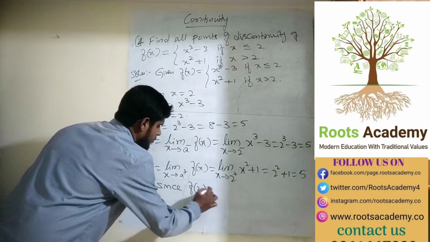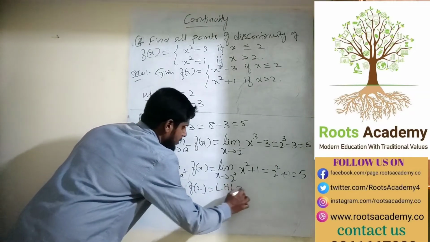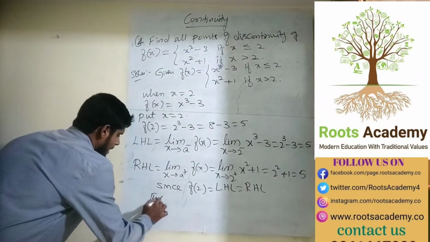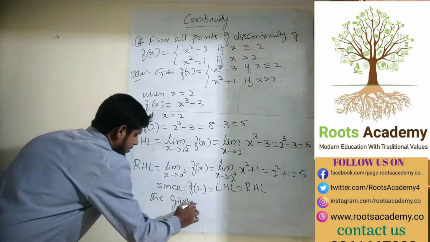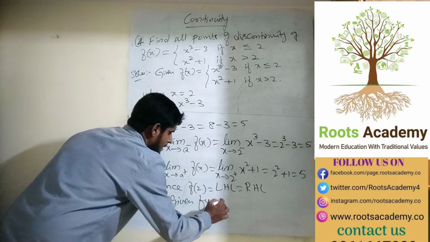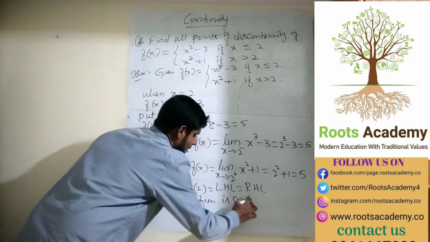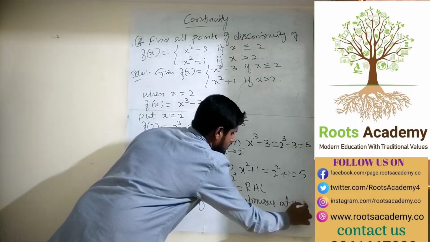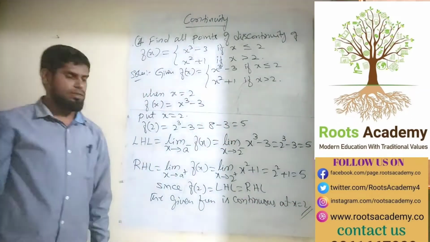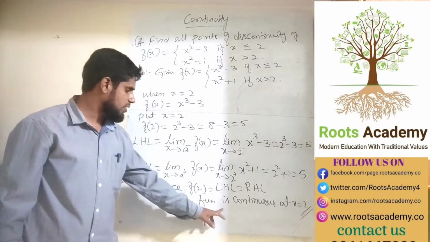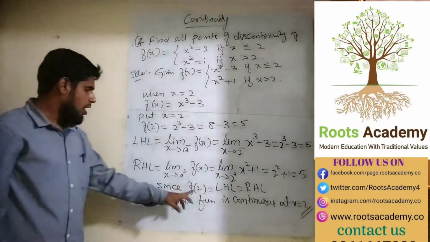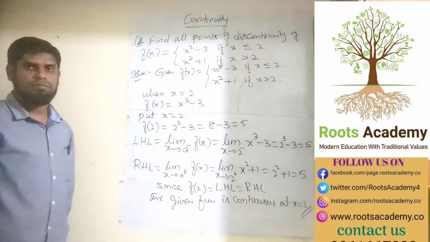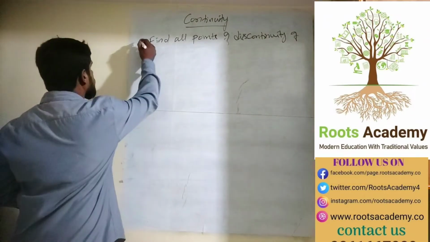Since f of 2 is equal to the left hand limit, which is equal to the right hand limit, the given function is continuous at x is equal to 2. It's not discontinuous. This function is continuous because all three are equal at x is equal to 2.